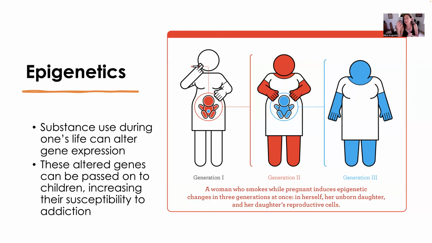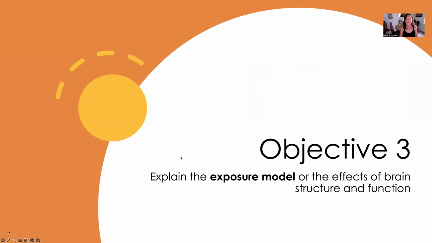So what's happening here is the environment, the smoking during pregnancy, is changing genetics, changing the expression of the genes, which is then passed on to the kid, who can then pass it on to their kid. So as you can imagine, this stuff gets complicated, right? You can't really piece out the genes versus the environment if environment is changing genes and genes are changing environment.